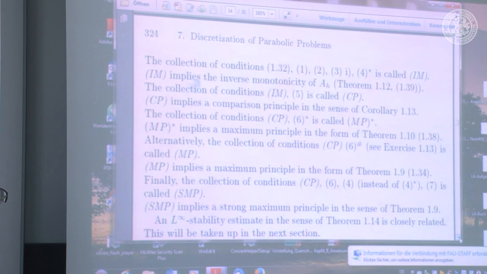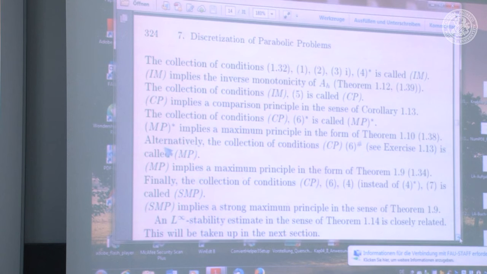So if in addition we have this condition 6 star, which was that the sum over the full matrix, including the Dirichlet data, is 0, then we have a weak form of the maximum principle. There's some alternative.